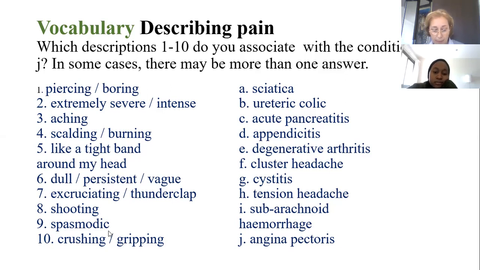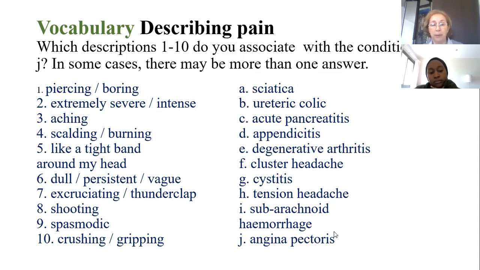Spasmodic pain, number 9. Spasmodic. What didn't we mention yet? Angina pectoris. Angina pectoris is not spasmodic. People feel spasmodic pain when they have ureteric colic. Sometimes it disappears, but it comes back.